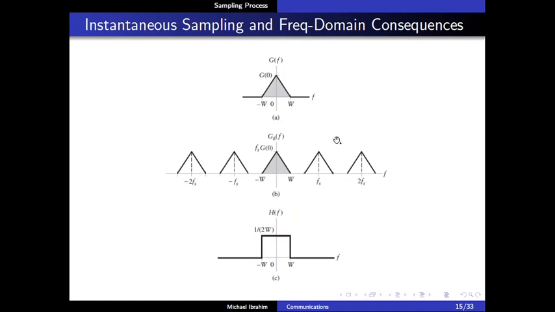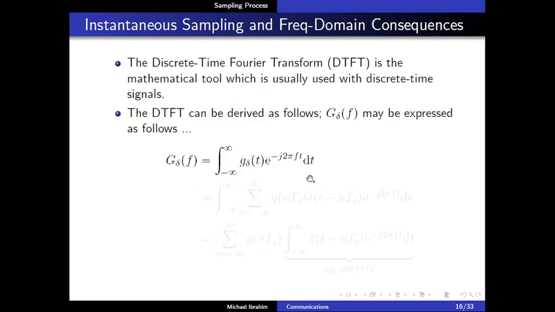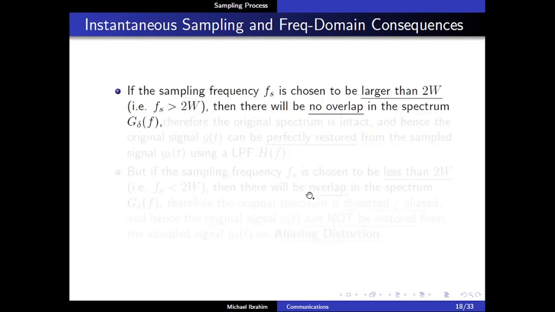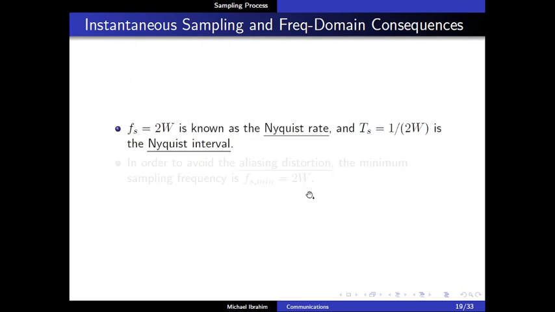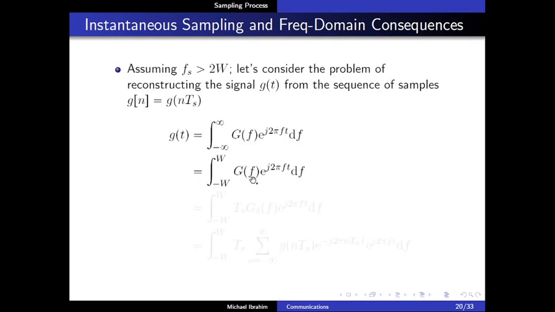Exactly, you're correct, but since we are integrating from minus W to W, in this integration interval, G(f) and G delta(f) are exactly the same except for a scaling factor. This allowed us to replace G(f) with G delta(f) with this scaling factor Ts.